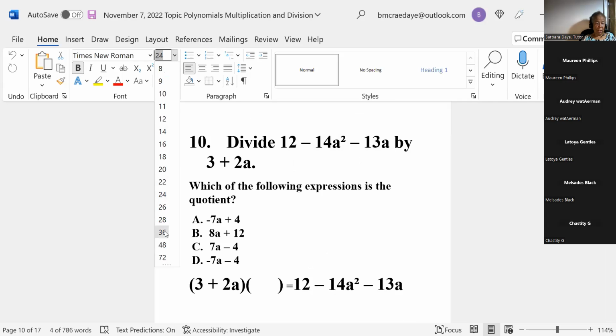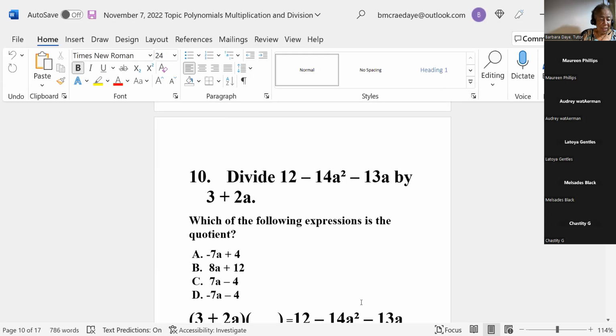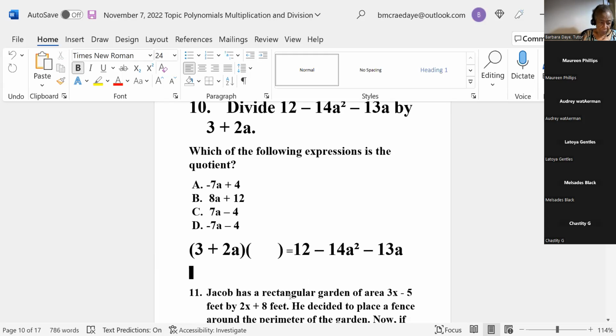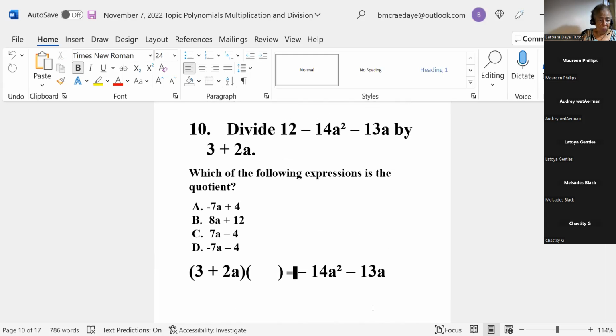So you could really do this without long division, but with long division, you won't get a remainder, so you get the same answer. Look at these two terms: one you know, one you don't know. Now let's put this in standard form. Let's put our minus 14a squared first, then the minus 13a, and then plus 12. So now it's standard form, right?